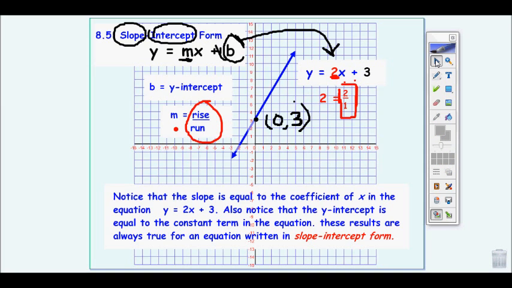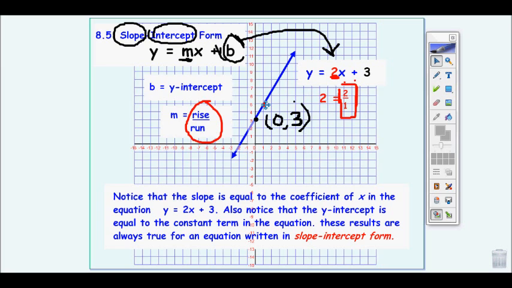So we're going to go to our first point, 0, 3, and we are going to rise 2, and we're going to run 1.